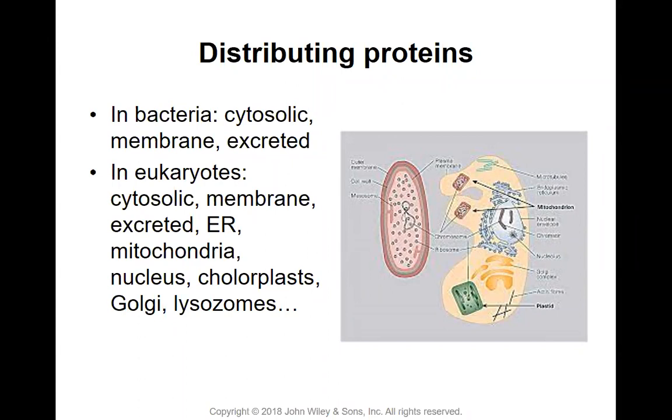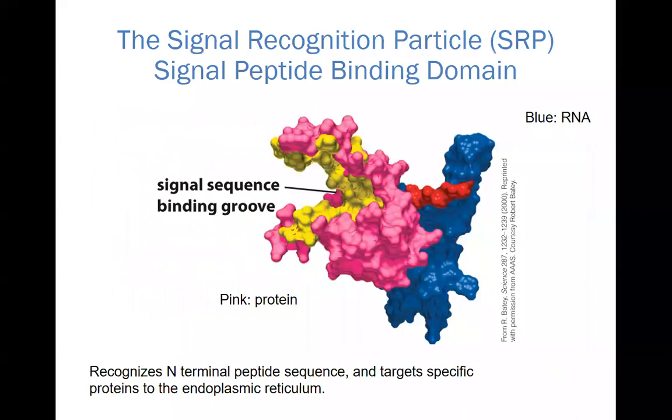But so how do the proteins know where to go, or how does the cell know where to put a specific protein? This is usually done by recognizing an amino acid sequence within the protein. So there are proteins called signal recognition particles.